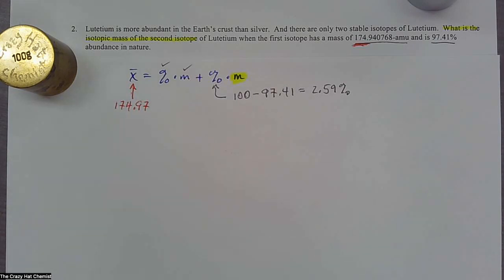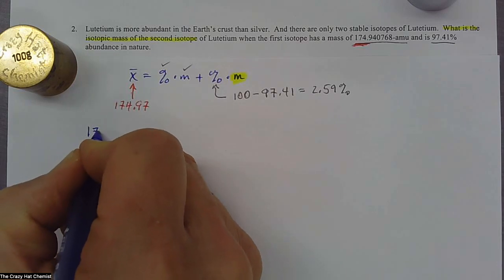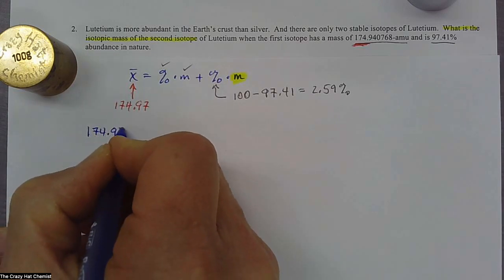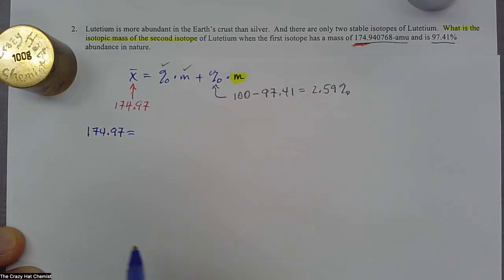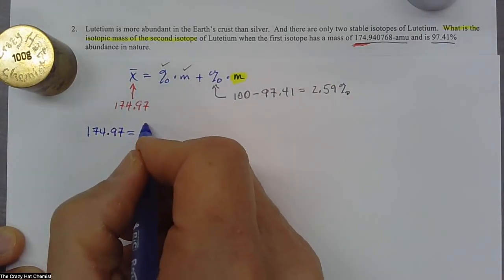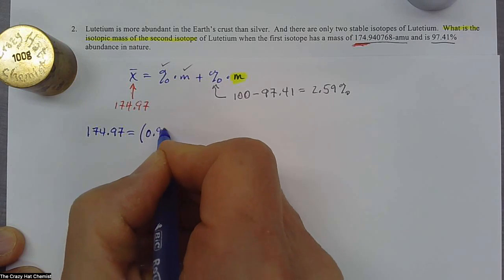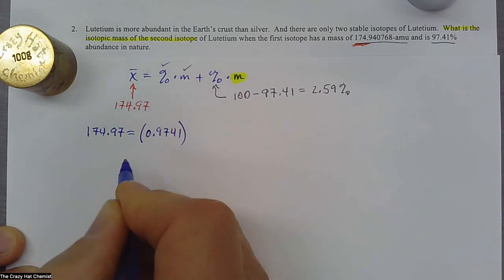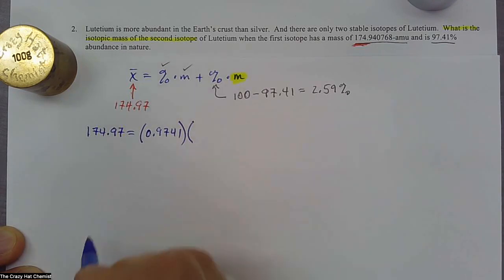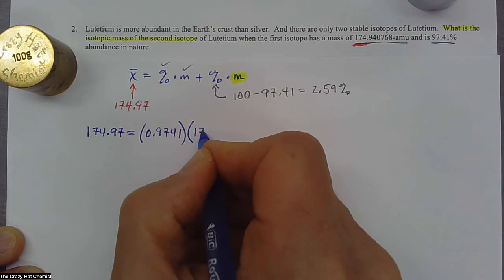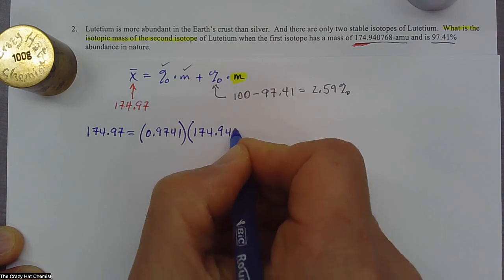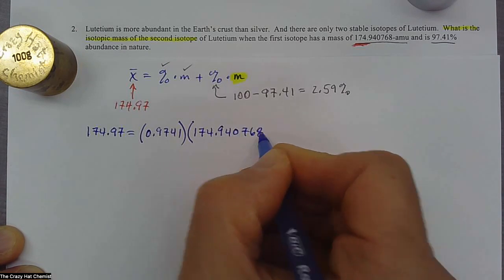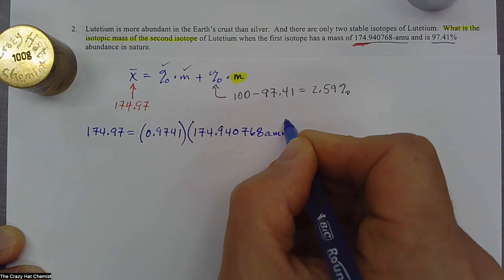Okay. So now we really have all the parts for this problem. We're going to substitute them into the equation, and then we're going to do our mathematical wizardry of solving this problem. So let's see what we got. We have 174.97. That's the number that we acquired from the periodic table. Here's our percentage of the first isotope in decimal form, 0.9741. The mass of the first isotope is 174.940768 atomic mass units.